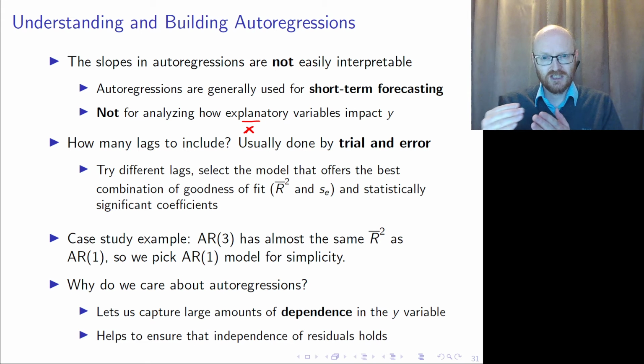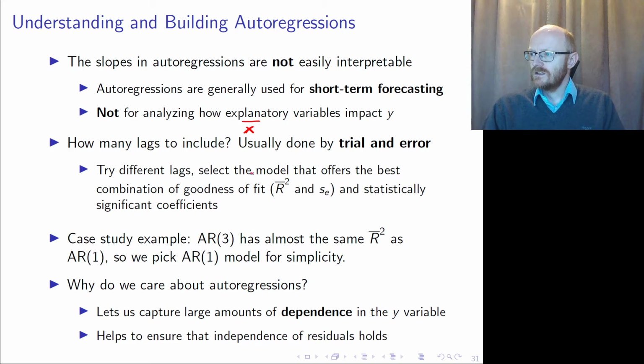You check if the adjusted R squared increases, and you can check the residuals to see if the model explains the dependence in the residuals. If there is dependence in the residuals, then you can include additional lags.